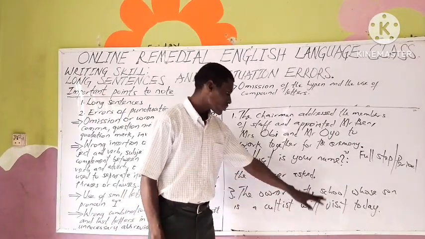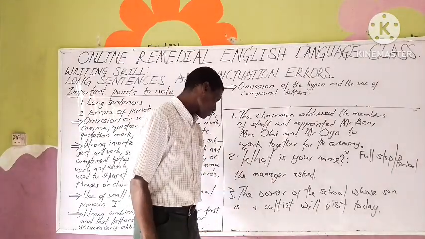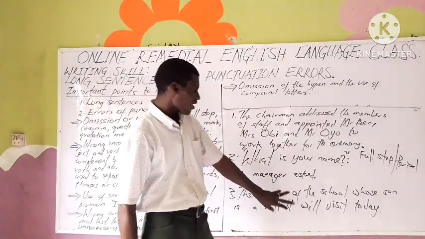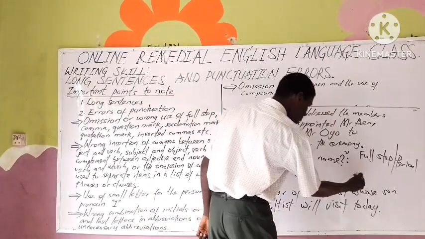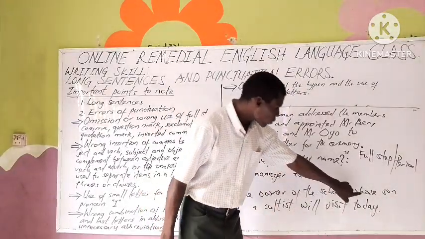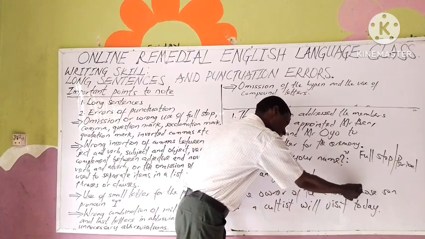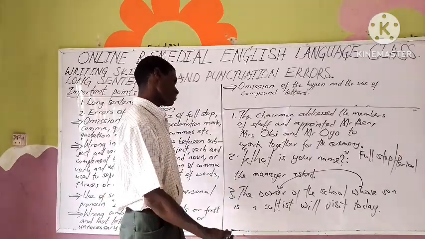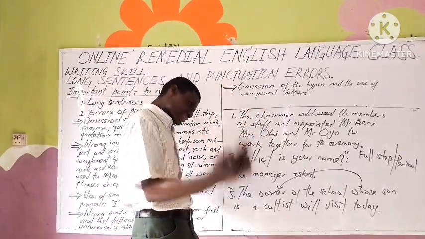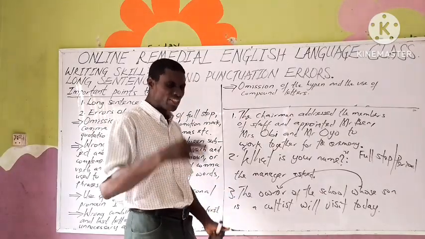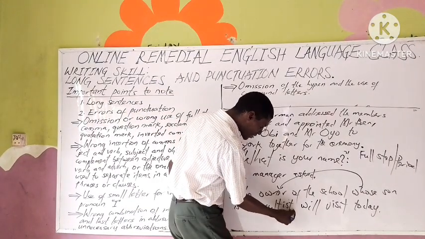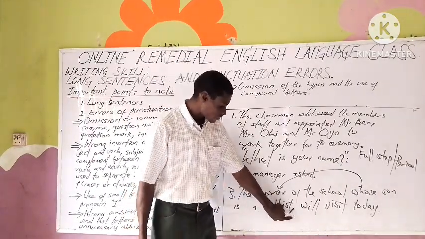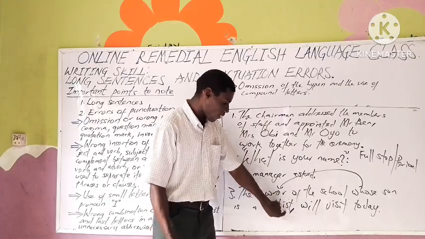The owner of the school, that's one part. This whose, of course, is referring back to this. Son is a cultist. When you get there, you will know that something should happen here. Of course, it should have the punctuation mark, essentially the comma.